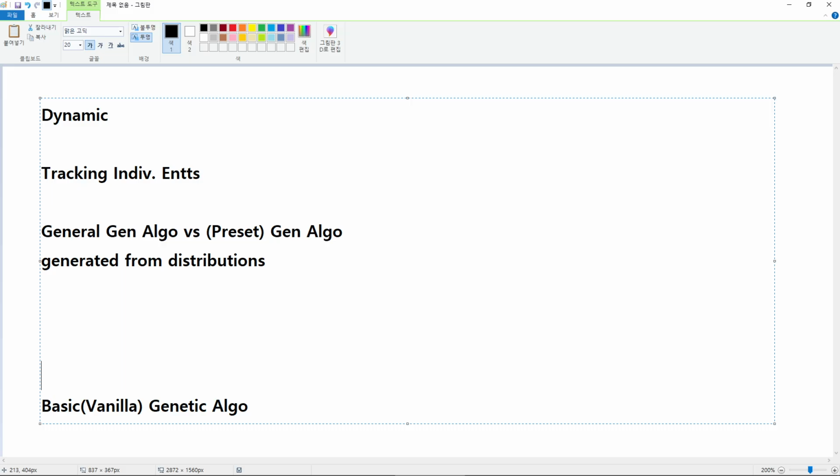Firstly, there were a few ways of setting up the evolution scheme.